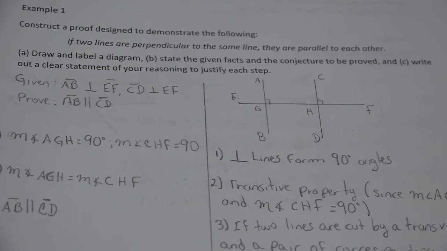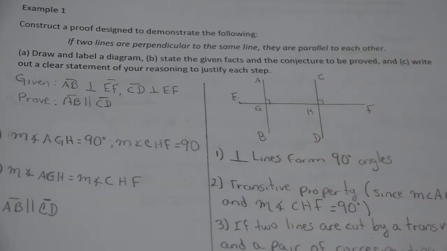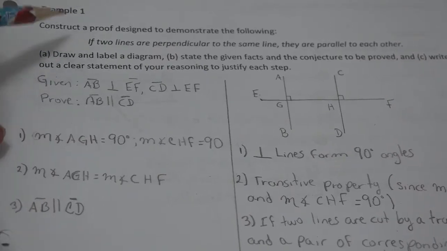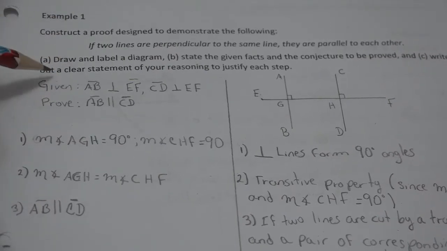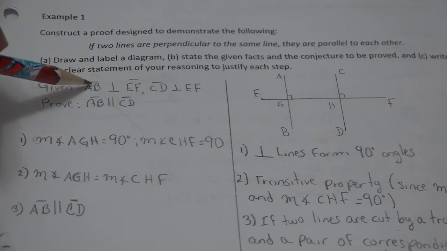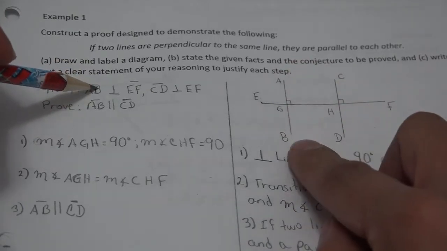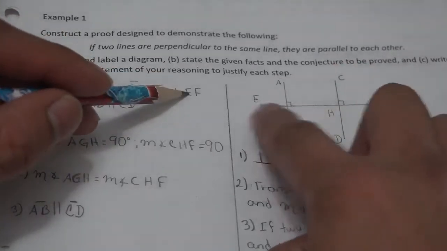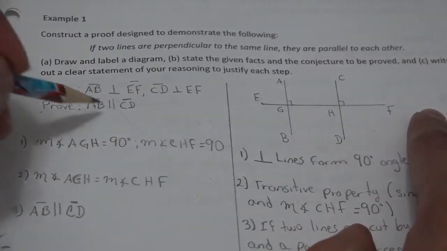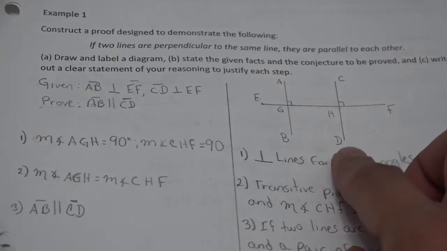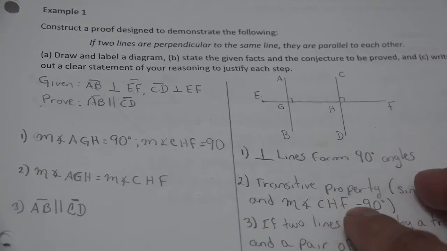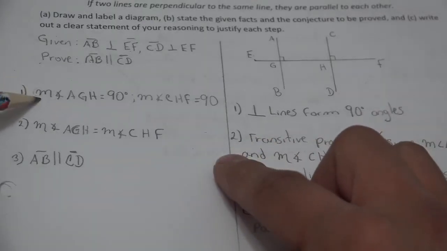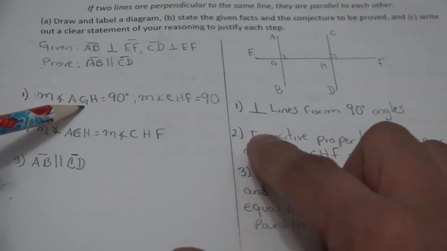So let's see. We have the diagram. So this is what we need to prove. It says if AB is perpendicular to EF and CD is perpendicular to the same line, then prove that AB is parallel to CD. Okay, you think that's difficult? Let's try it. So we have the measure of AGH.